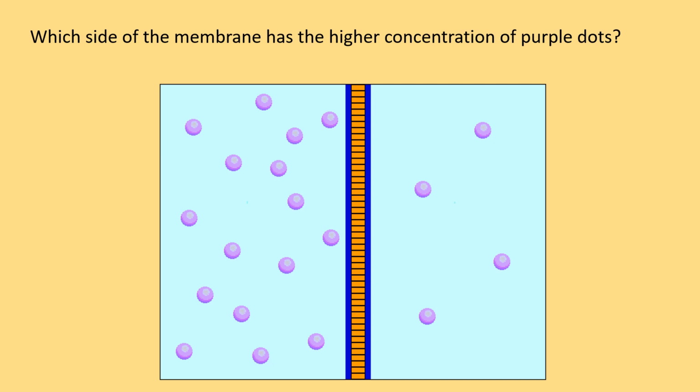Here's a very simple diagram to illustrate that, where that blue and gold line down the middle is representing the plasma membrane, and our substance is purple dots. There's definitely a clear concentration gradient here. On the left side of the membrane, we have a higher concentration of purple dots, and on the right side of the membrane, we have a lower concentration of purple dots.